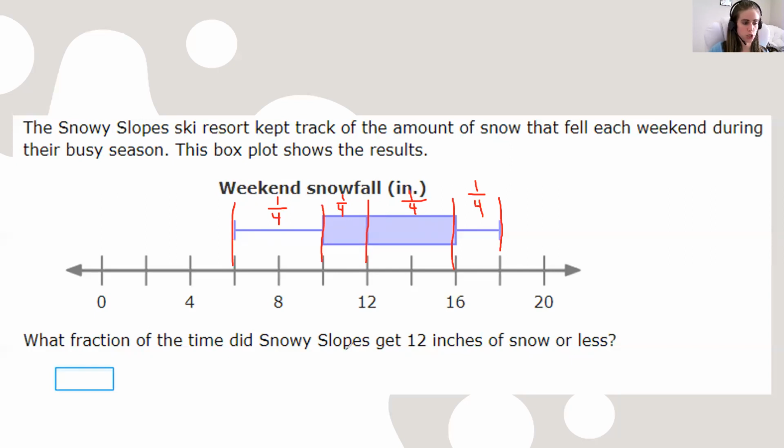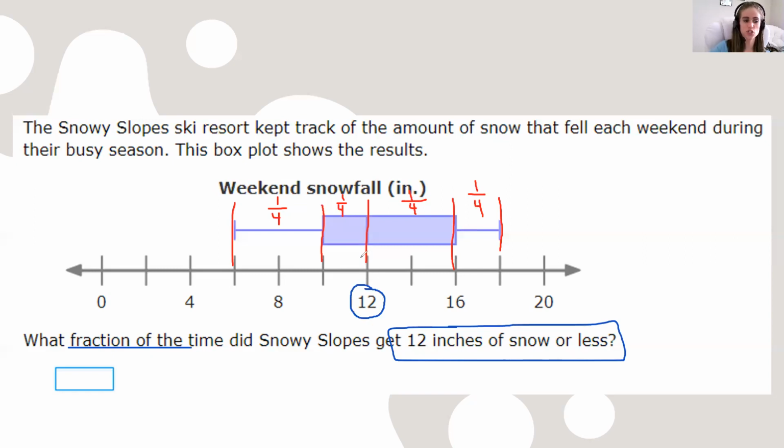If we are wanting to know what fraction of the time they got 12 inches of snow or less, well, 12 inches is right here, meaning 12 inches or less makes up this portion and this portion.